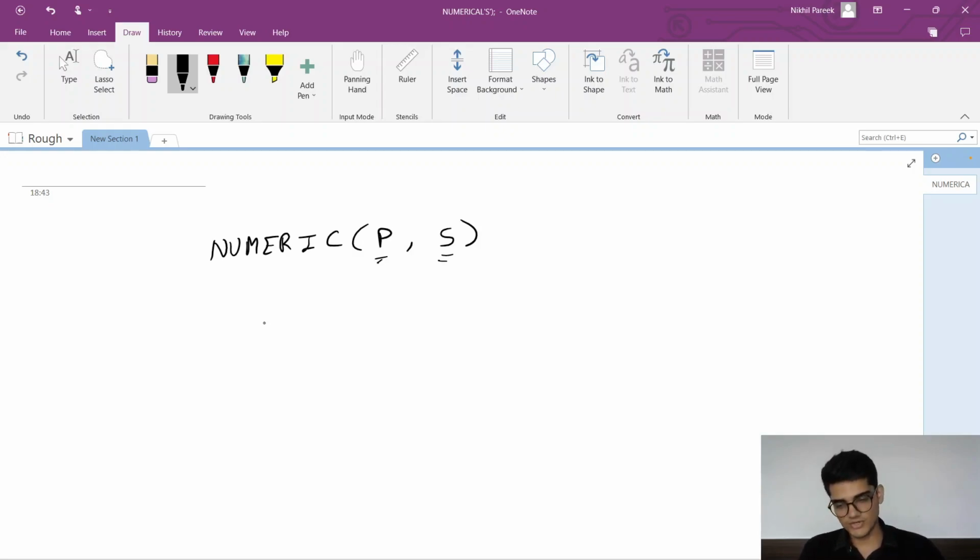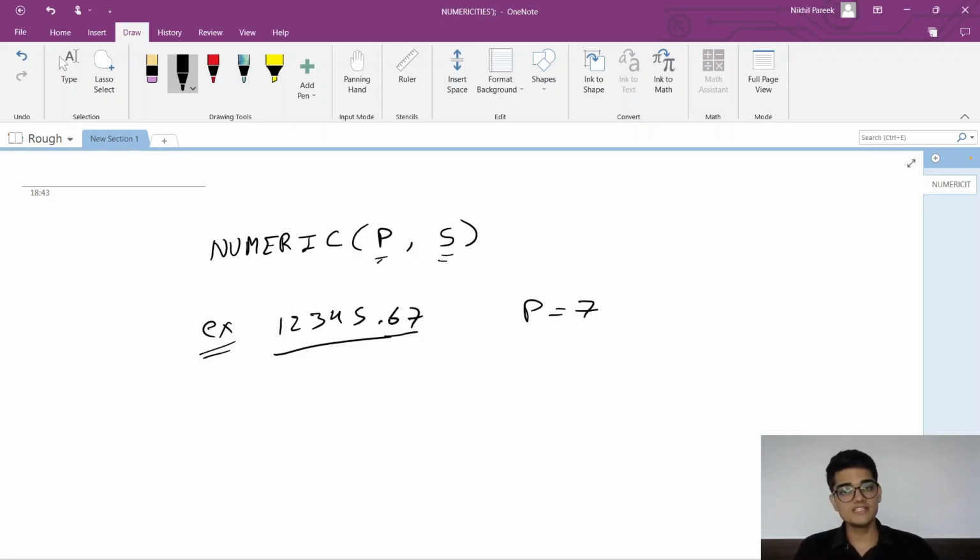For example, take 12345.67. There are a total of 7 digits, so its precision is 7. There are 2 digits after the decimal point, so its scale is 2.